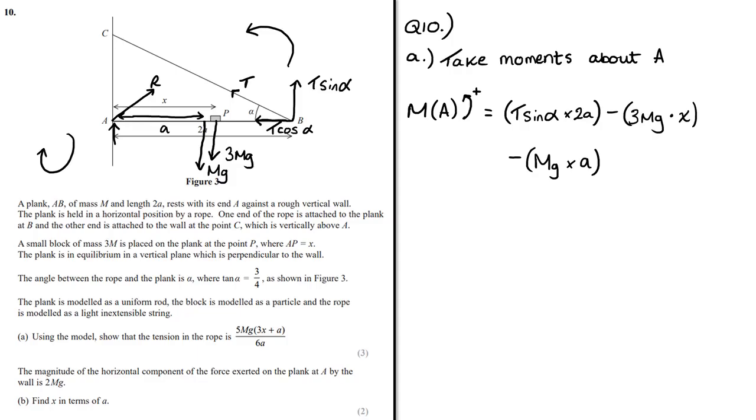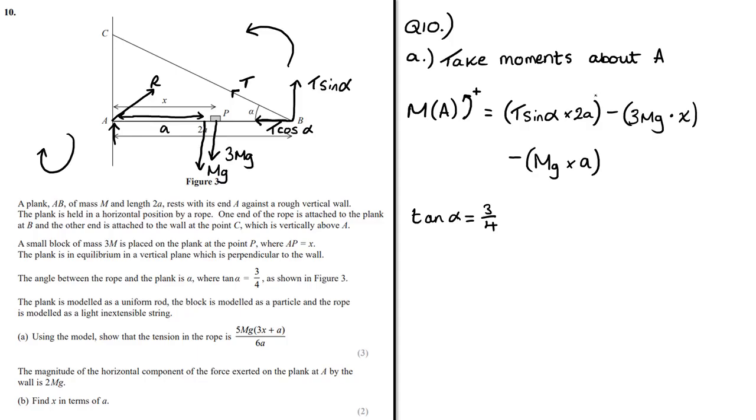The first thing to note here, though, is we have this T sine alpha. So we need to deal with this sine alpha here. Because I know that tan alpha is 3/4, we also need to find expressions for sine alpha, and we'll do cos alpha just in case we need it.